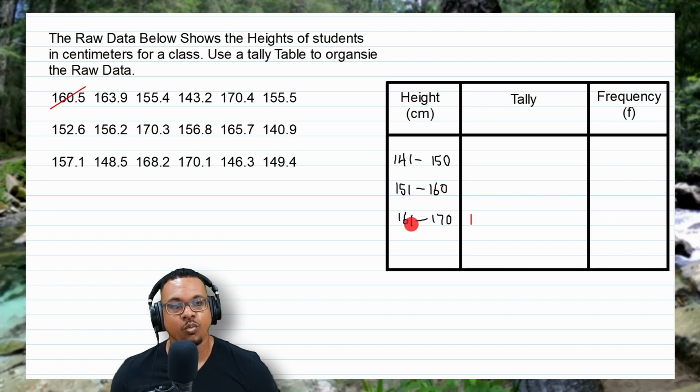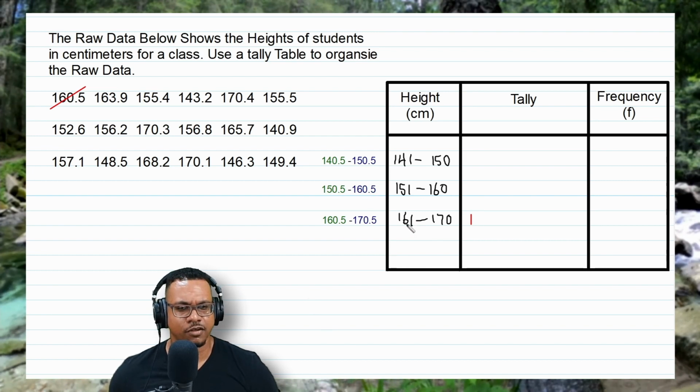This starts at 160.5. Okay, so what I have here is the lower class and the upper class boundaries for the different class intervals. So you can clearly see for the class interval 161 to 170, the lower class boundary is 160.5. So this 160.5 would fall within this class interval. And of course, this class interval ends at 160.5, but is actually 160.4999. So now 163.9, that will fall within this class interval here, 161 to 170.